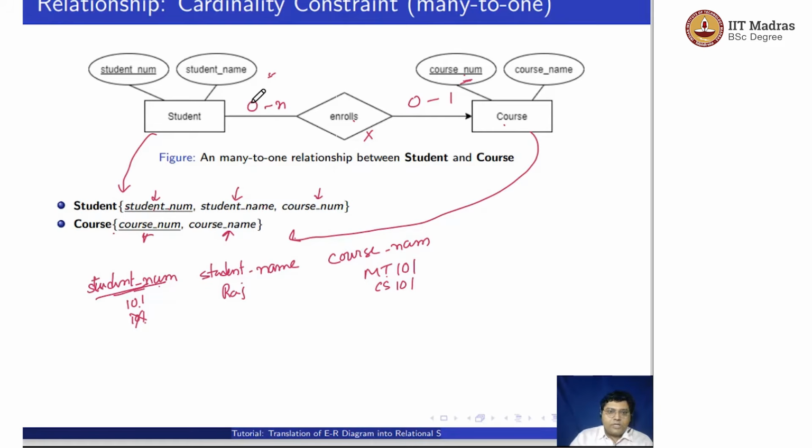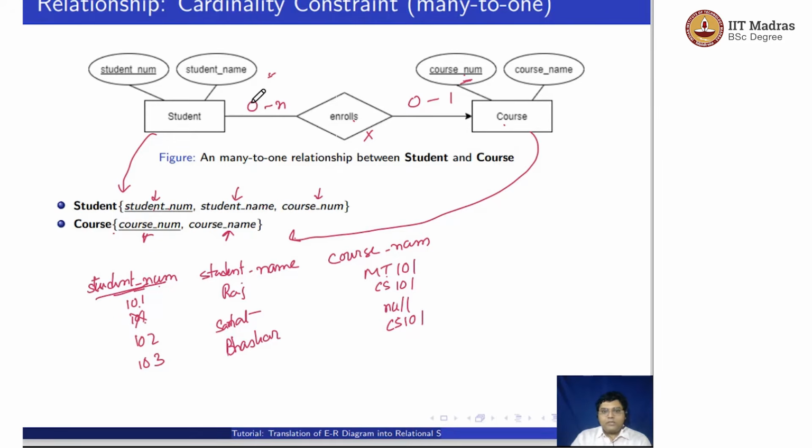If I want to say 102 Sanath is not associated with any course, how do I mention that? Here in the column, I'll mention null, right? That means 102 is not associated with any course. If I want to say 103, say Bhaskar, is associated with CS101, right?